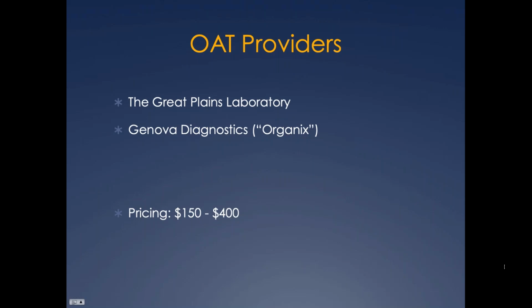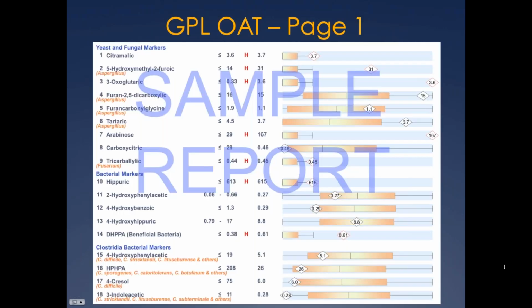If insurance cooperates as maximally as we would hope that they would, it can be more like $150 to $200 in expense. So here, all of these examples from the report come from the Great Plains Laboratory version, because again, that's the one that I tend to recommend for my patients.